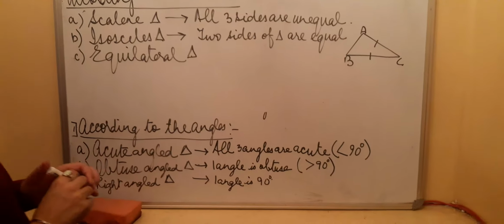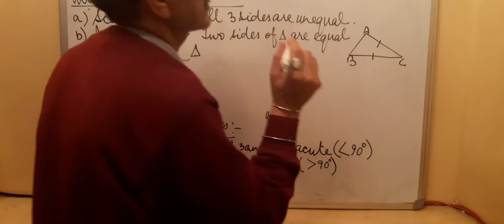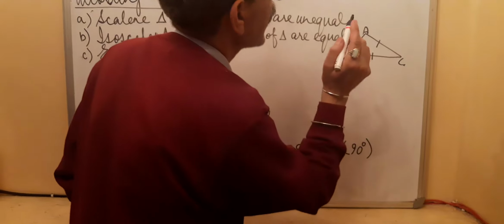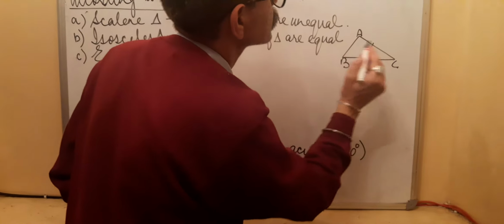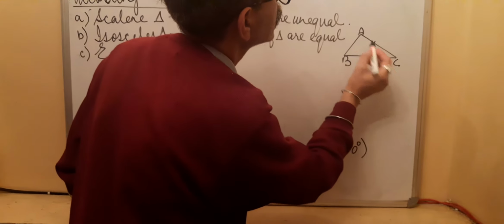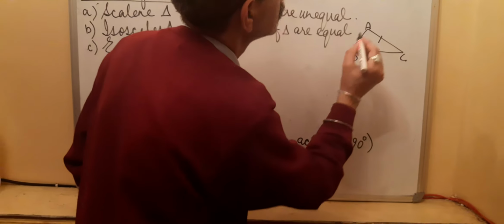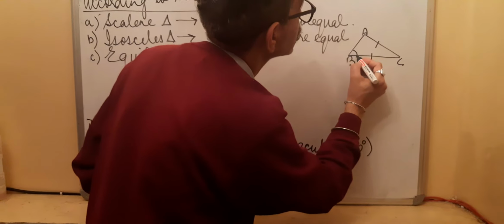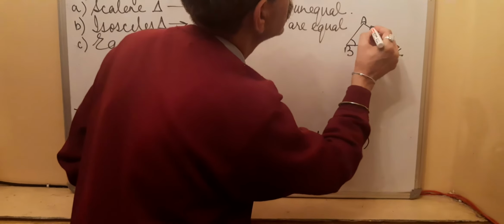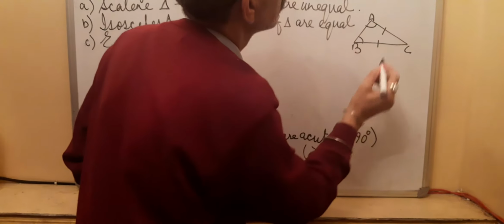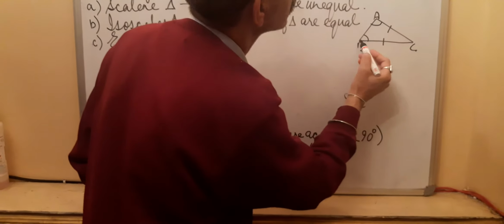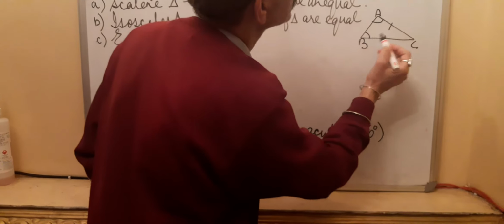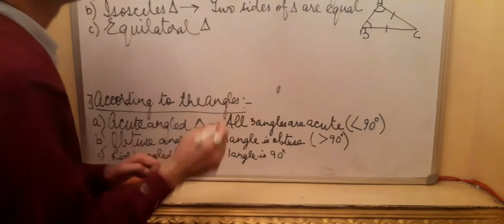Now, in an isosceles triangle, the angles opposite the equal sides are equal. In this case, AC is equal to BC, therefore angle ABC will be equal to angle BAC, because the angle opposite to AC is B and angle opposite to BC is A. This is an isosceles triangle.